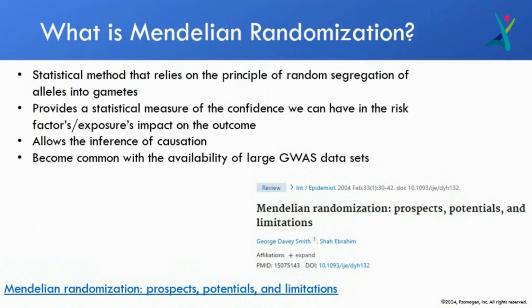It's able to provide a statistical measure of the confidence we can have in the risk factor, aka exposure's impact on the outcome. It allows the inference of causation, which is really valuable. And it's become quite common in many publications in the presence of large GWAS data sets combined with circulating proteomics data.